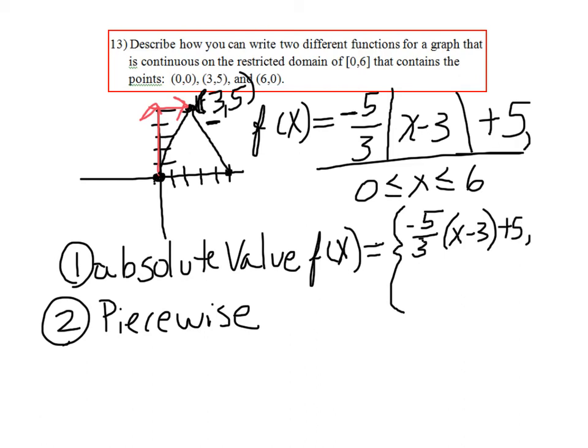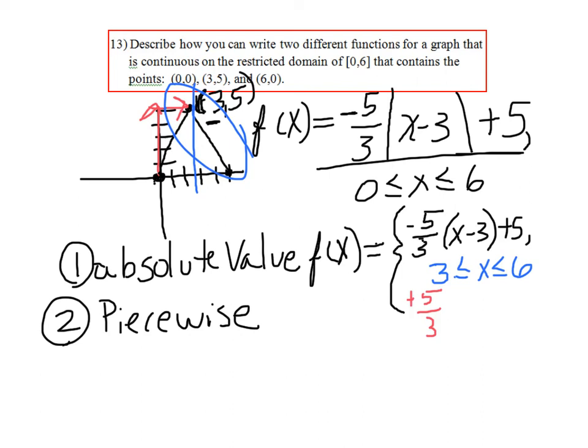And then I just have to restrict its domain. This is going to be the negative slope line, so I'm looking at this one, and it's going to go from, not 0, Misty, it's going to go from 3 is less than or equal to x is less than or equal to 6. And then my second equation is going to be the negative 5/3.